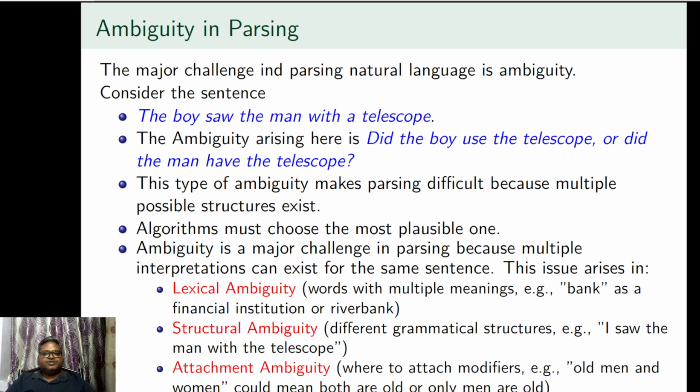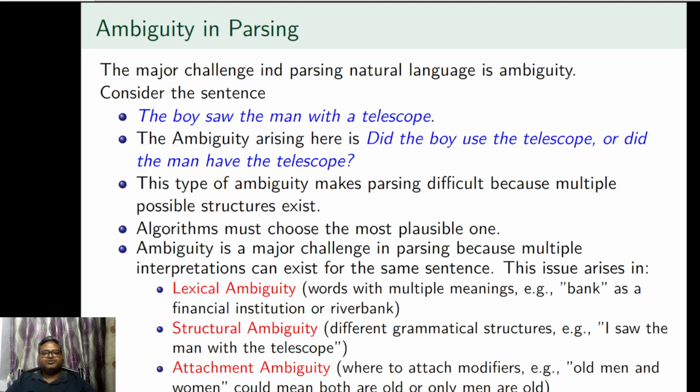Good, parsing is very useful, but there are certain challenges to parsing, especially in natural language. That is known as ambiguity. Every language, especially natural languages, unavoidably includes ambiguity. We can give a number of examples, but let us take one simple example.